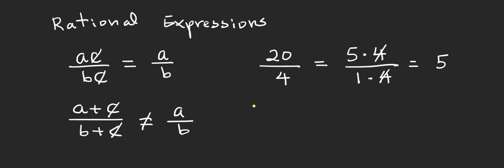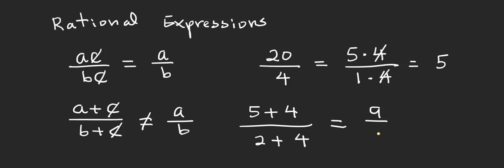For example, let's say you have 5 plus 4 over 2 plus 4. This is the same thing as 9 over 6, which is 3 over 2. What happens when you cancel out the 4? You get 5 over 2, and 5 over 2 is not equal to 3 over 2.